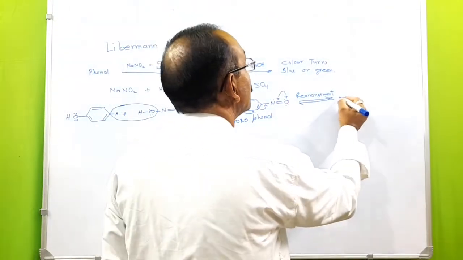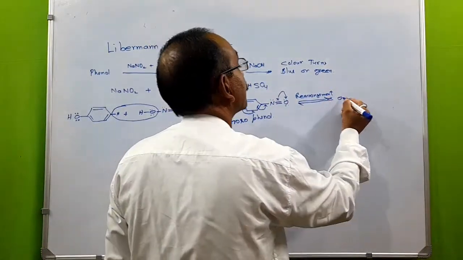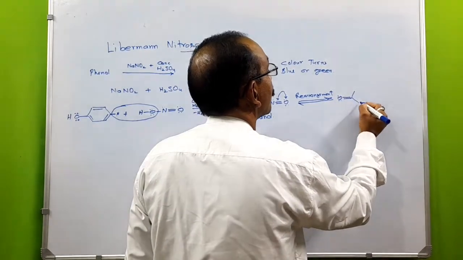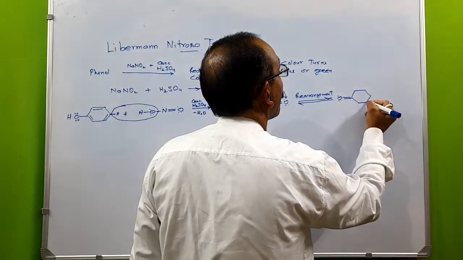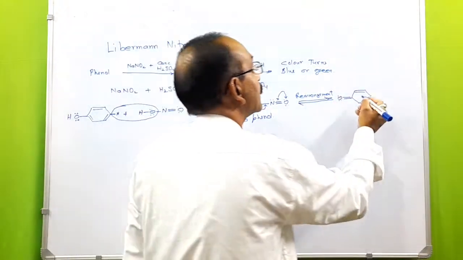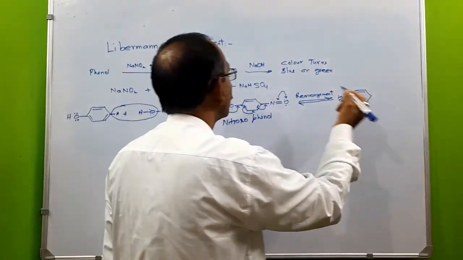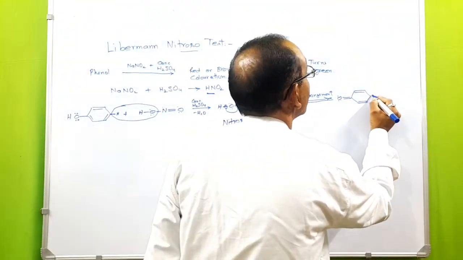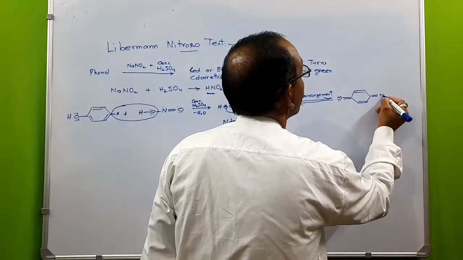See what happens here. Now as these two electrons shift in between the ring and oxygen, a double bond will form here. As these two electrons shift to this place, a double bond will form here. And this electron shifts in between the ring and nitrogen, a double bond will form here.